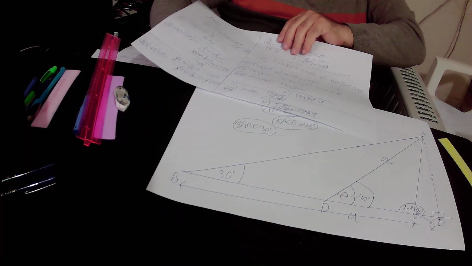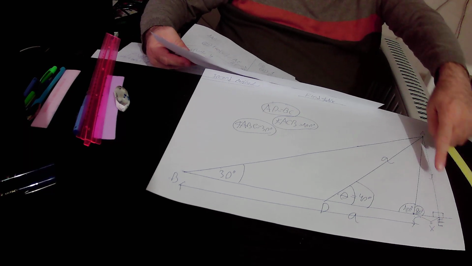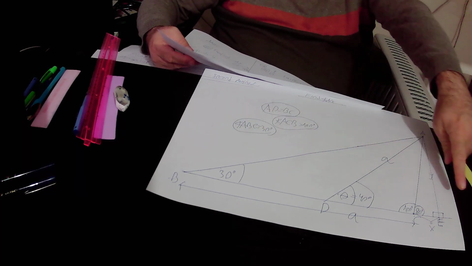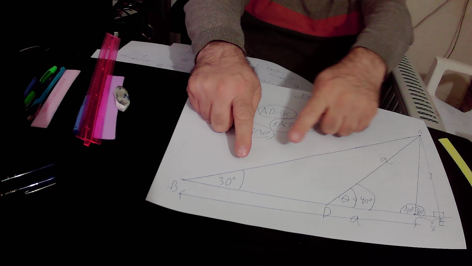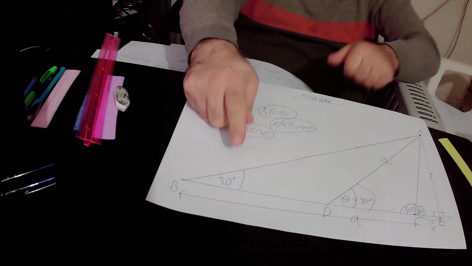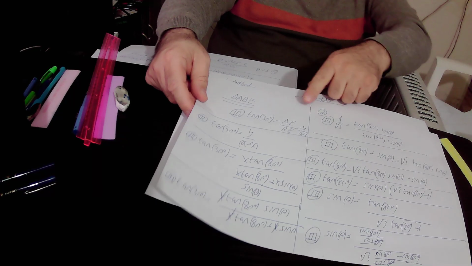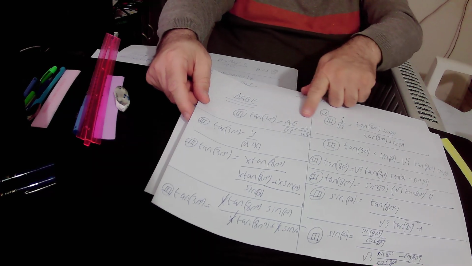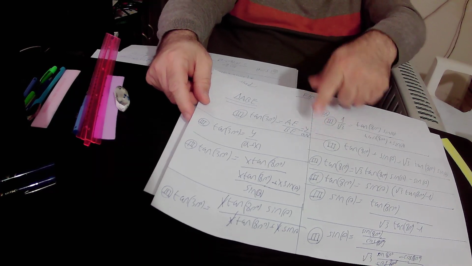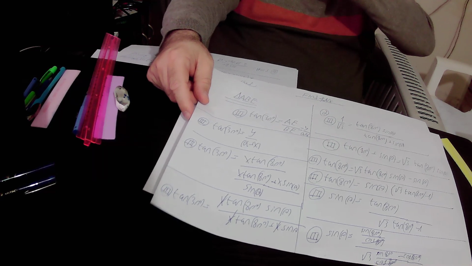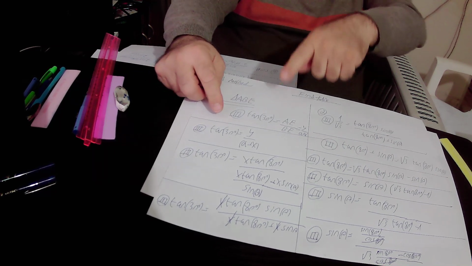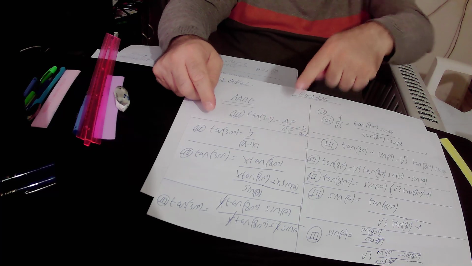According to our definition, AE equals Y, and you can see from the drawing that BE equals A plus X. So we found out that tangent 30 degrees equals Y over A plus X, that is BE.